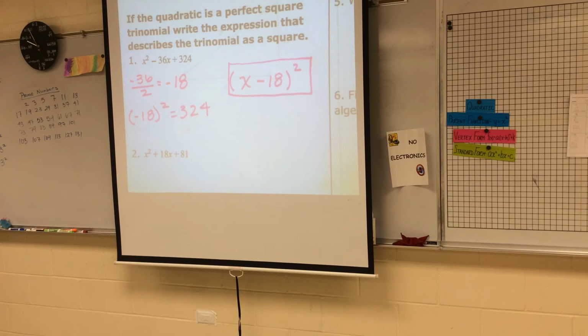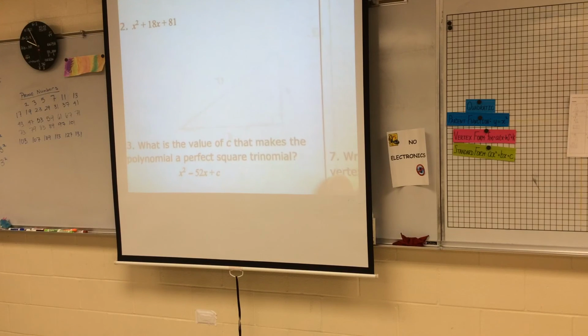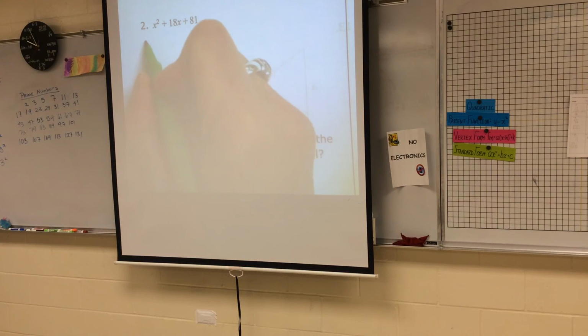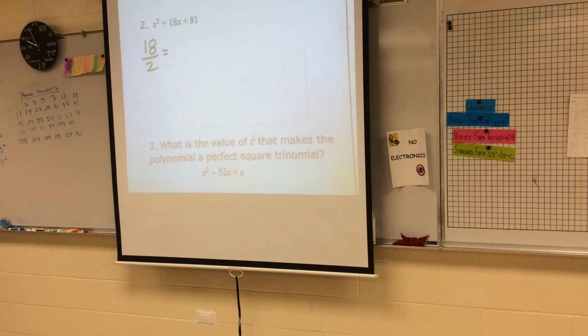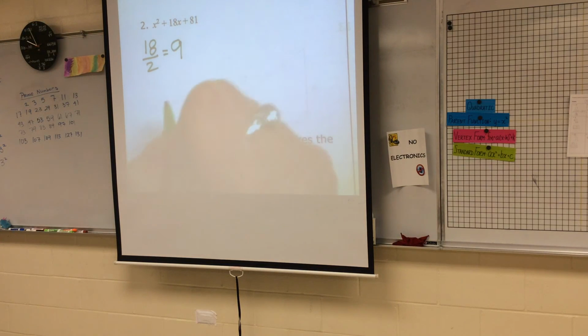Number 2 is similar. Number 2 says x squared plus 18x plus 81. So I'm going to take half of that b value, so half of 18 is 9. And 9 squared is 81.